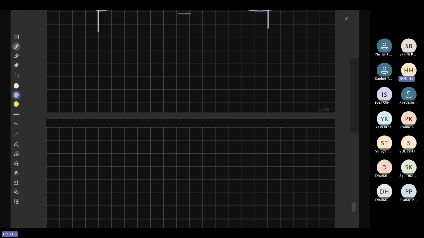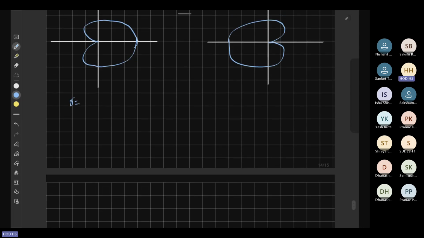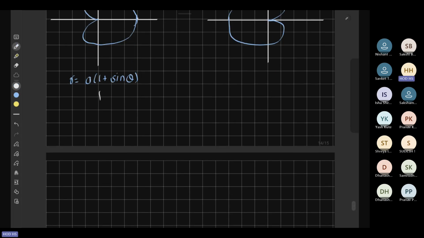For the other two, r is equal to a into 1 plus sine theta. Notice that this curve gives you the maximum value at pi by 2 and the minimum value at minus pi by 2. So this will have this shape, and due to symmetry with the y-axis, this shape can be completed like this.